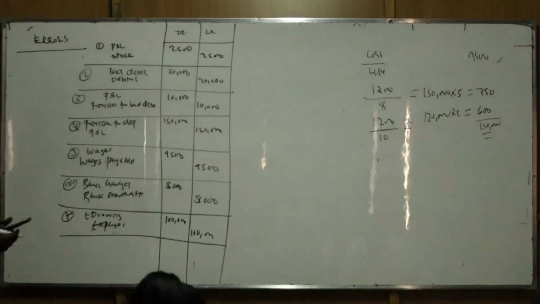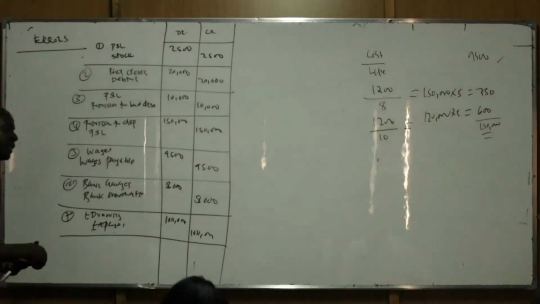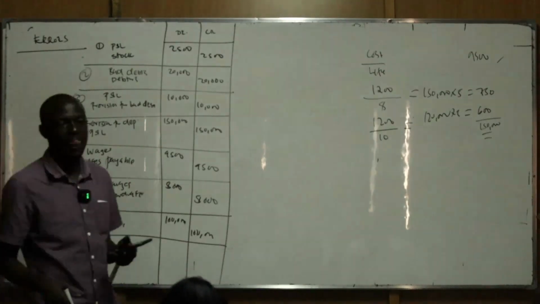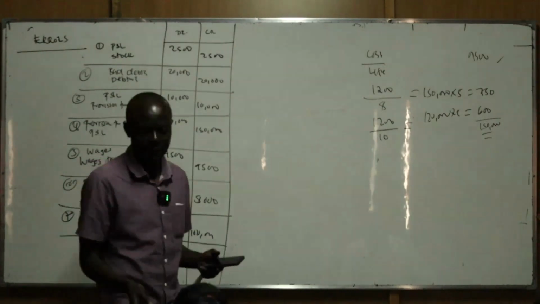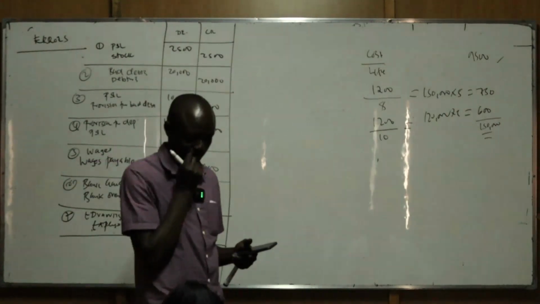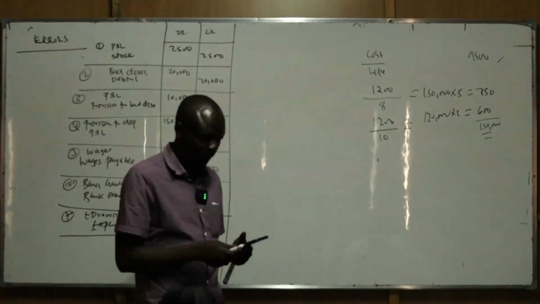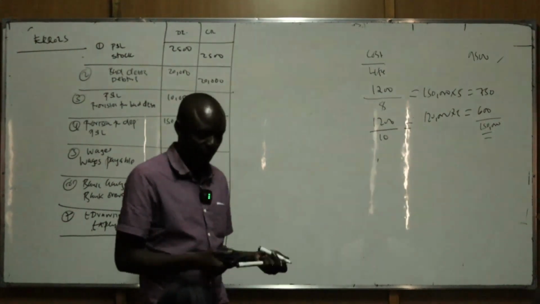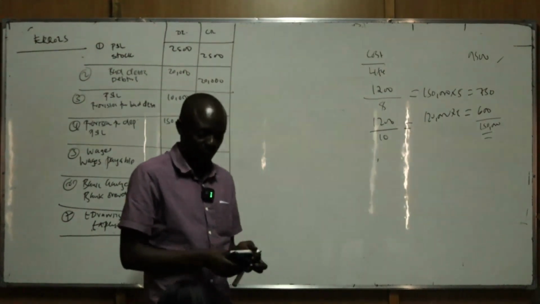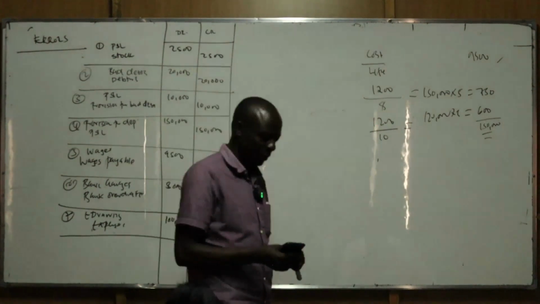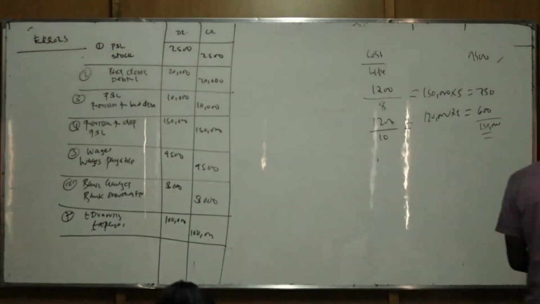Next number. Read it. 20,000 rent owing to Mr. Capedo for the letting out of his business premises to an external party.